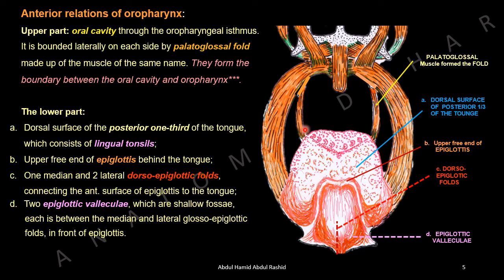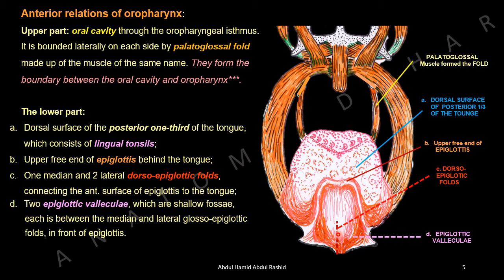Now the lower part, anterior relations. You can see here, this is the dorsal surface of the posterior third of the tongue, which consists of lingual tonsils, and the upper free end of the epiglottis behind the tongue. One median and two lateral glosso-epiglottic folds are on the anterior surface of the epiglottis.